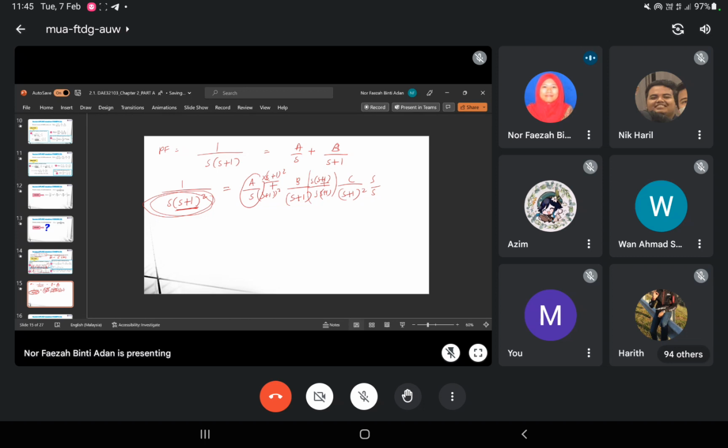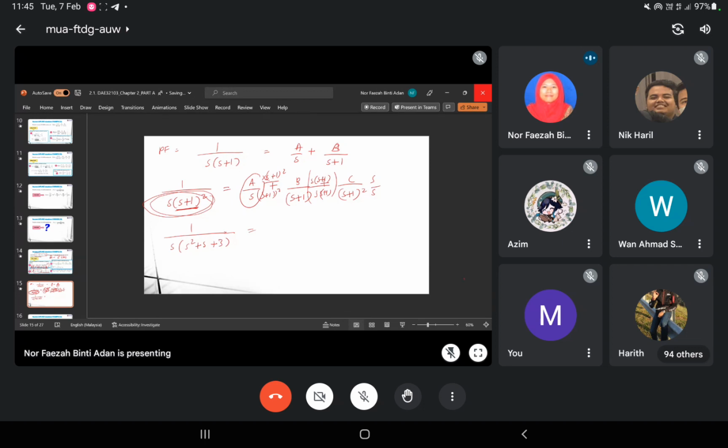Okay. And then third type of partial fraction, the ones that I mentioned with a quadratic equation. Contohnya 1 over S squared tambah S tambah 3. So S squared tambah S tambah 3, you nak cari dia punya roots, maybe nombor dia adalah complex number ataupun nombor decimals. So kita tak nak benda tu.